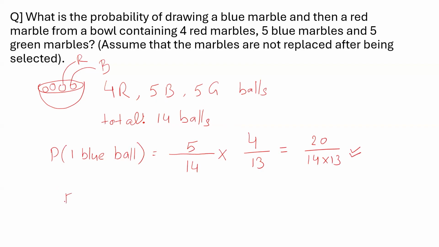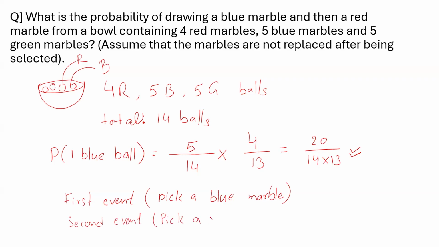So what is happening? First event, pick a blue marble. And then second event, pick a red marble. That is what is happening.